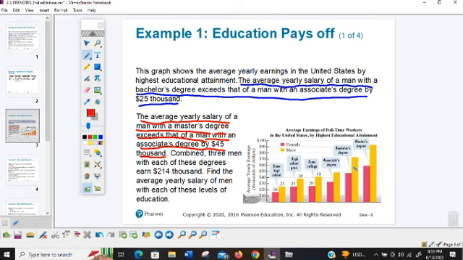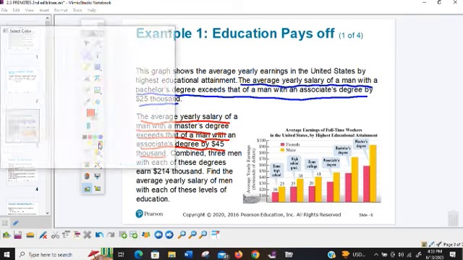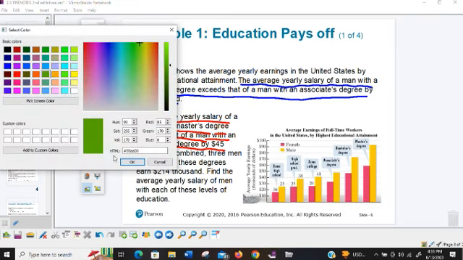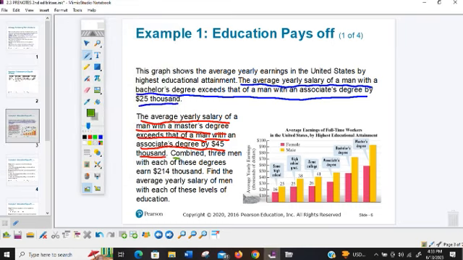So now, if you look at this one, a master's degree exceeds the associate's degree by $45,000. Then it says combined. Now, combined means you're adding them all up, okay? The 3 men with each of these degrees earn $214,000.